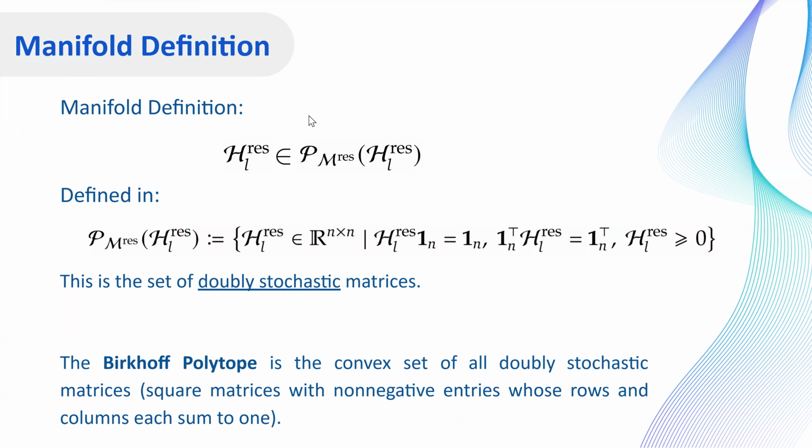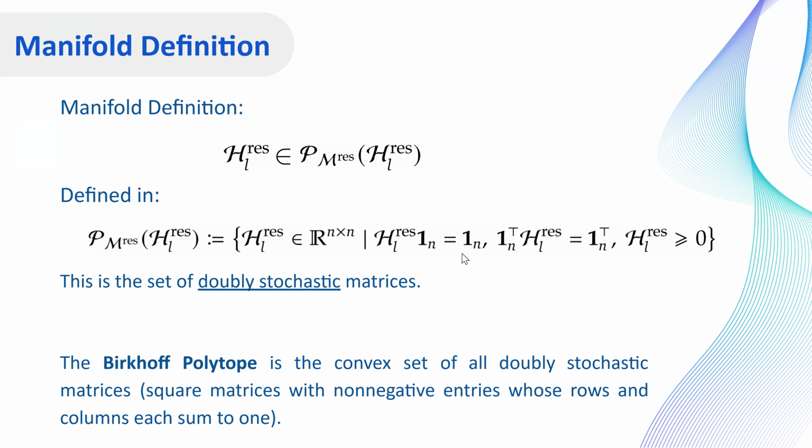It's obvious that we don't want to use these raw mappings, so we have to project them onto a manifold. In this projection, we define it like this. The dimensionality of the mapping is n by n.